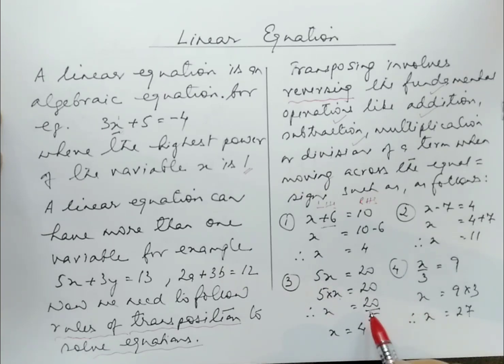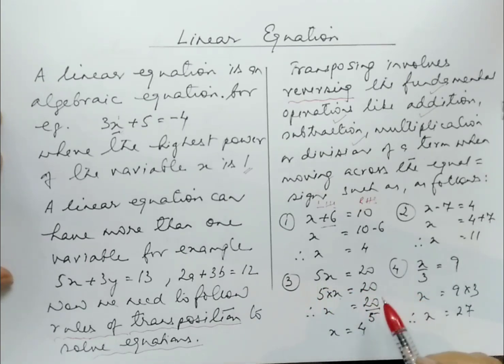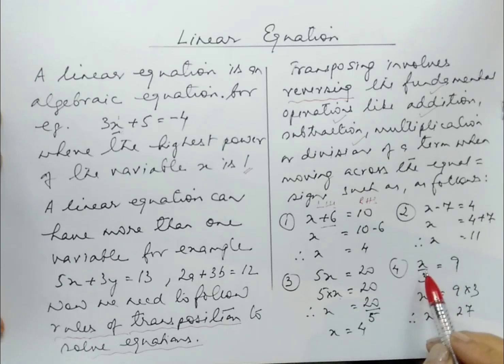So 20 divided by 5 gives me 4, and hence x is equal to 4. So 5 into 4 gives me 20. This is all about transposition.